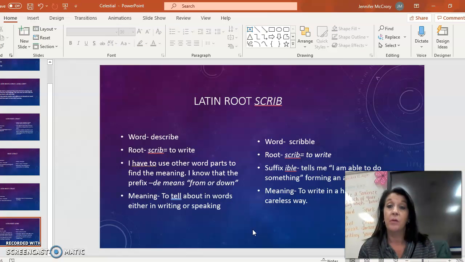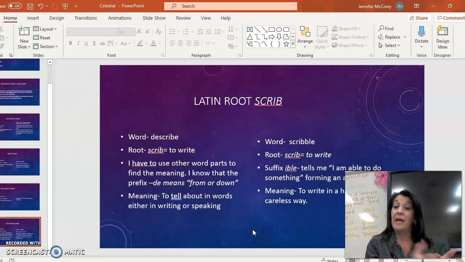It's at the end of my word. And so I-B-L-E is like A-B-L-E. They both mean that they're able to do something. And it gives you an adjective, which describes. We know adjectives are our descriptions. And so the meaning of scribble is to write in a hasty or careless way.